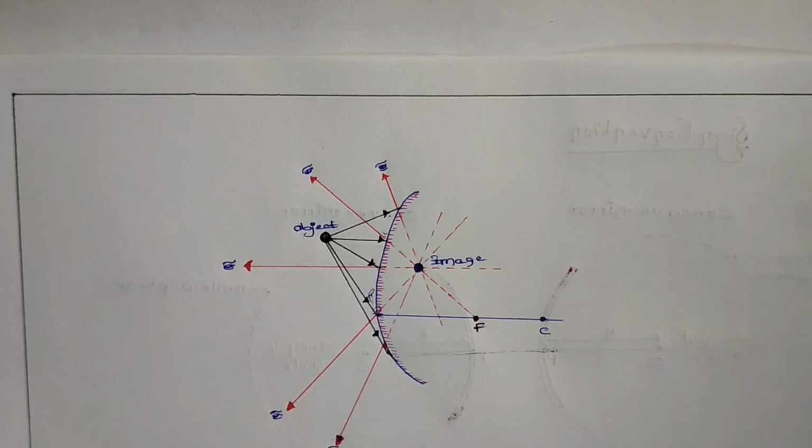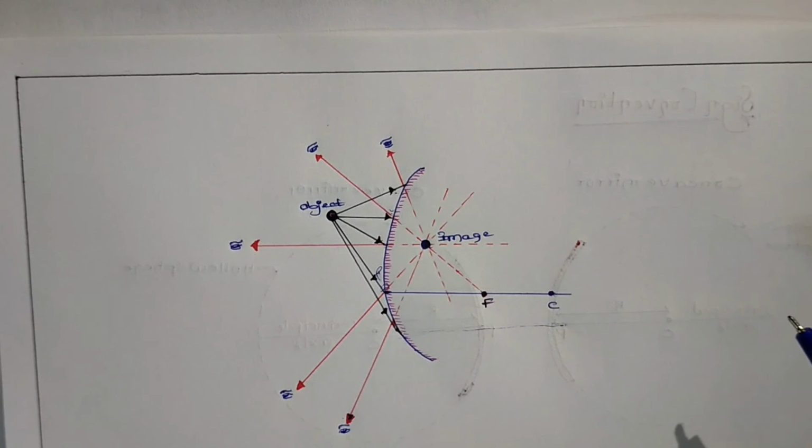Once again, the image formed looks smaller than the object from a certain distance, but it gets larger as the object is brought closer to the mirror.